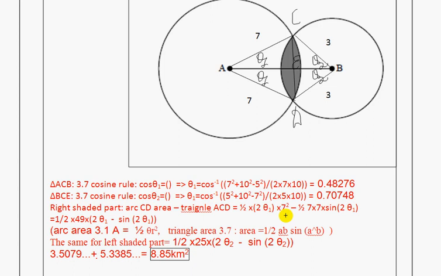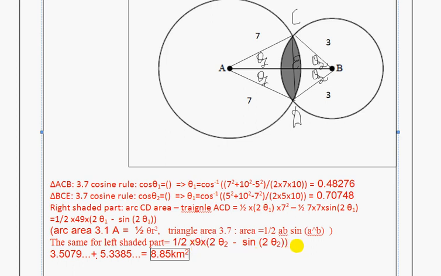For the left shaded area, I have the same expression, but 25 radius is, why 25? Radius is 3, so 9, so it should be 9, so here 9. Radius squared is 9. Half 2 theta 2 minus sine 2 theta 2. So I calculate one expression, another expression, add, and I get this value. So the question is done.